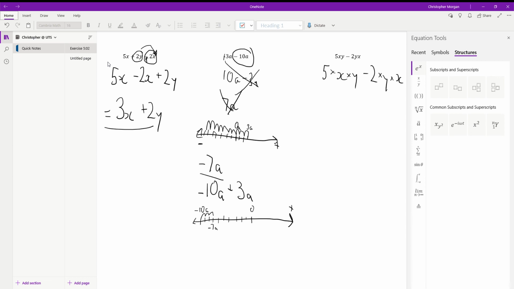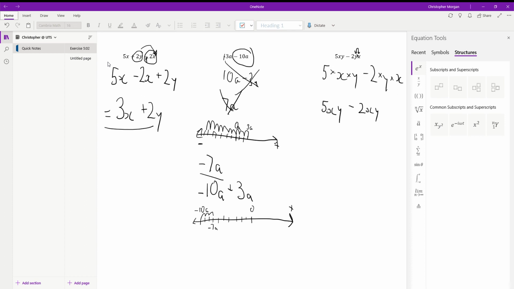So because they're in a different order, that means that we can just rearrange them because of the multiplication signs, so they're in the same order. So what we'll say is 5xy minus 2xy. All we've done is we've swapped those two letters around, which we're allowed to do because of the multiply sign between them.